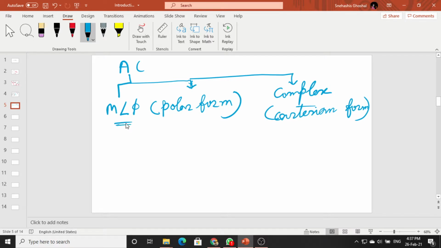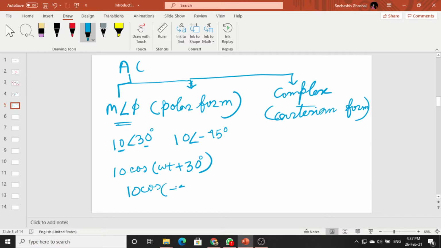You are aware of the polar form in machines, or some problems you might have carried out. Say suppose we are talking about 10 angle 30 degree. That means the signal having magnitude 10 and phase 30 degree. So we represent it as 10 cos omega t plus 30 degree. Similarly, 10 angle minus 45 degree, we represent as 10 cos omega t minus 45 degree.